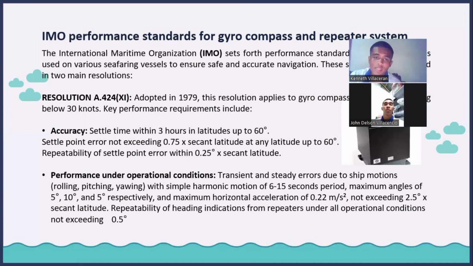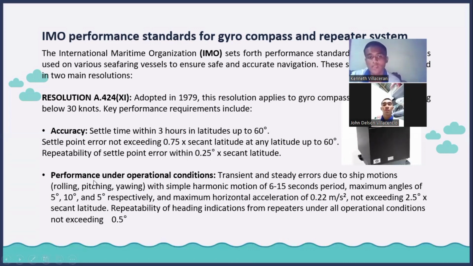Settle point error not exceeding 0.75 times secant latitude at any latitude up to 60 degrees. Repeatability of the settle point error within 0.25 degree times secant latitude.